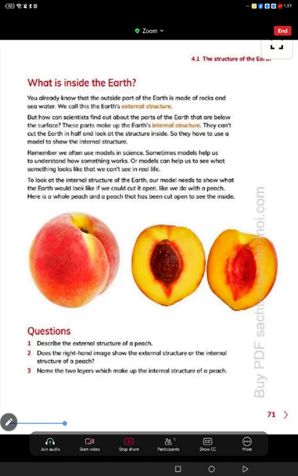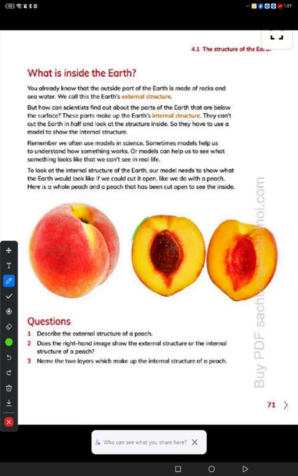The first layer is the thin skin, the outer thin layer. It is the skin which protects the fruit. The second layer is the fleshy part. It is the juice part in the middle.